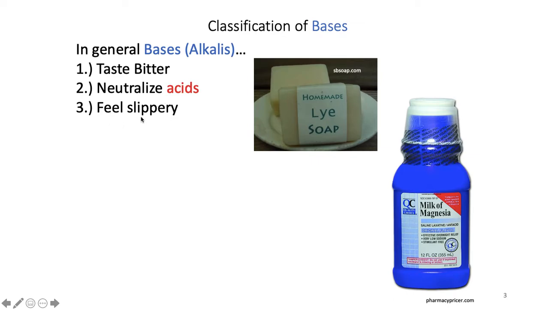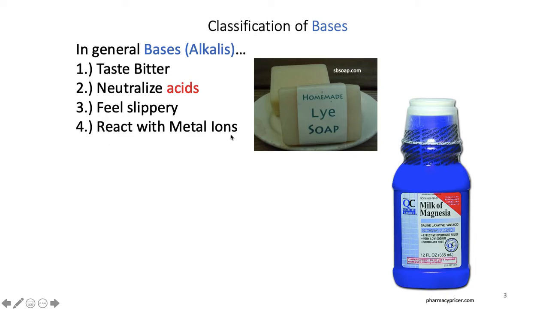Bases feel slippery when you touch them. That's why bases are generally found in homemade soap, or soaps in general. When you wash your hands with soap, you can feel that slippery feeling, and that's because you're touching bases.